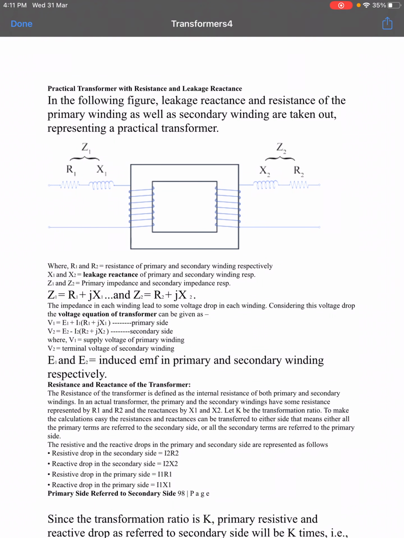In a transformer, core loss is nothing but the losses we get because of the magnetic core. How should we reduce those losses? We can maintain a good magnetic material, a good magnetic core, and reduce the hysteresis and eddy current loss. When we reduce the hysteresis loop, the hysteresis loss will be reduced.